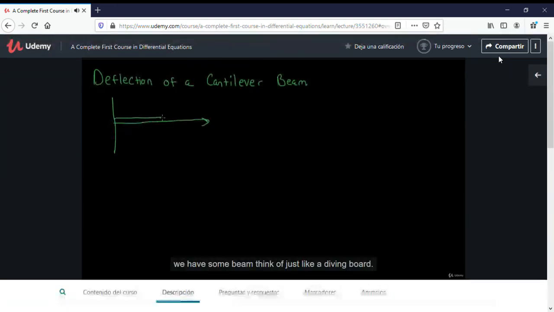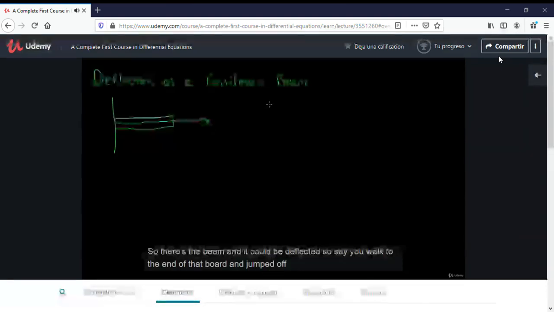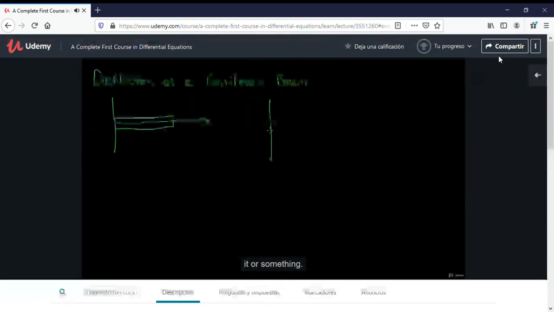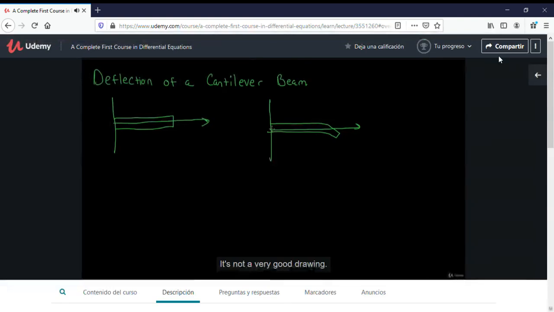I think of just like a diving board. Okay, so there's the beam, and it could be deflected. So say you walked to the end of that diving board and jumped off it or something. So then the picture would look something like this. I don't know, there's a deflection there. It's not a very good drawing.